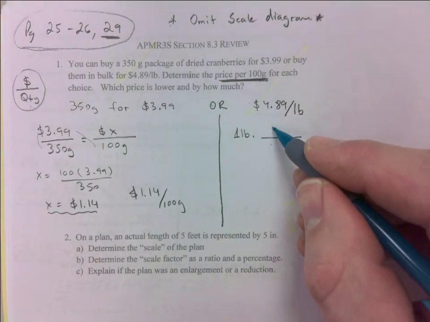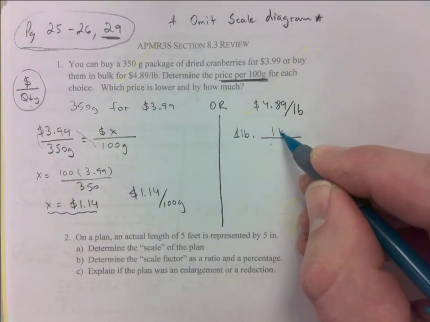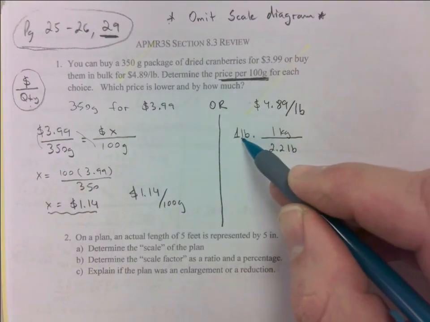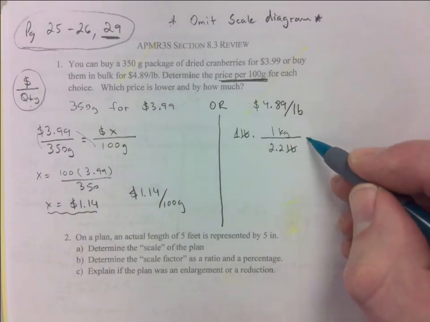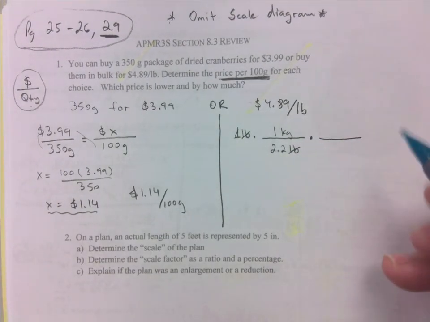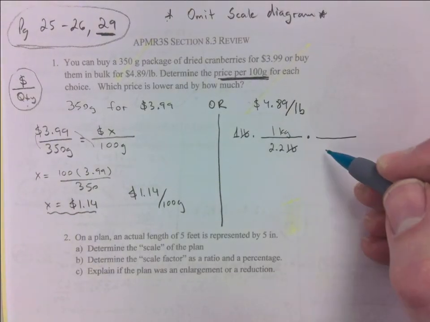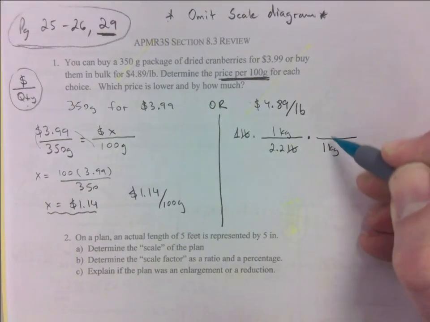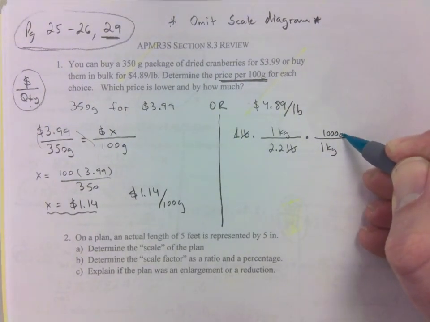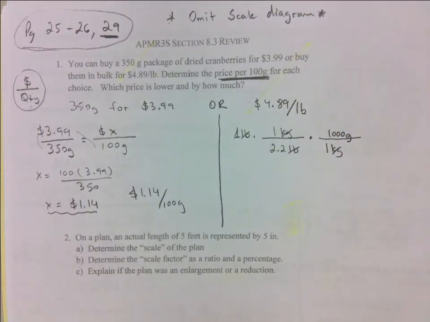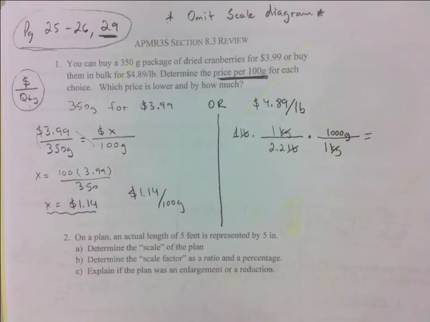I know that 1 kilogram has 2.2 pounds. Cancel that out. I know that, now that I have kilograms, 1 kilogram has 1,000 grams. Cancel that out.